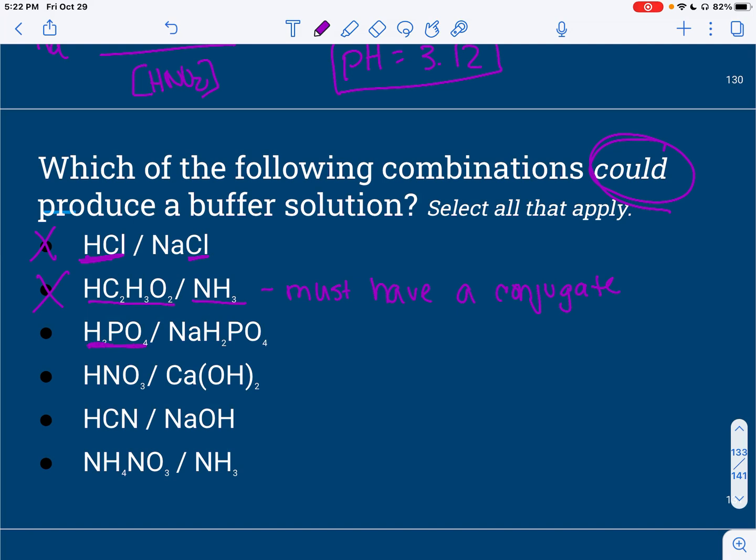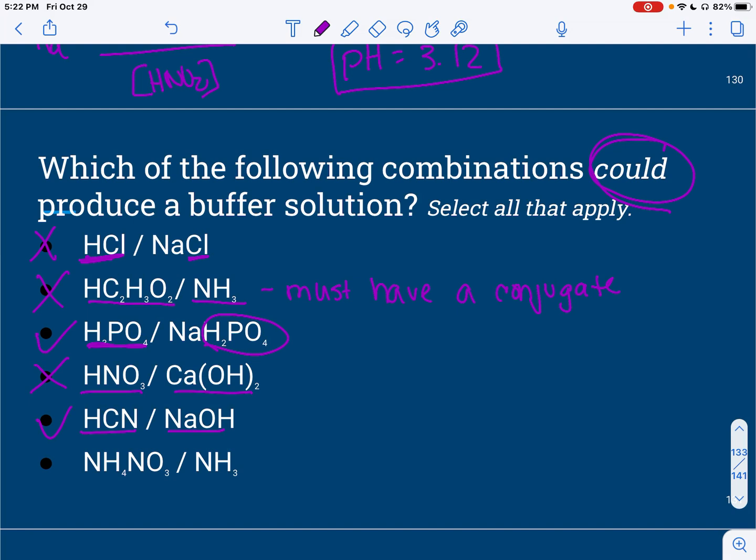So here we have a weak acid with its conjugate base, so yes, that is a buffer. Here we have strong acid, strong base. We know that's not a buffer. Here we have weak acid, strong base.